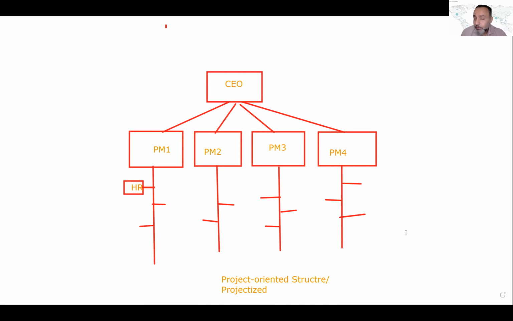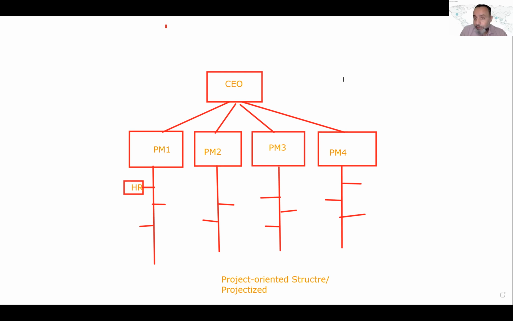So you do this composition of functional structure and projectized. So you can also create some hybrids. But these are the main structures that you might find yourself within as a project manager.